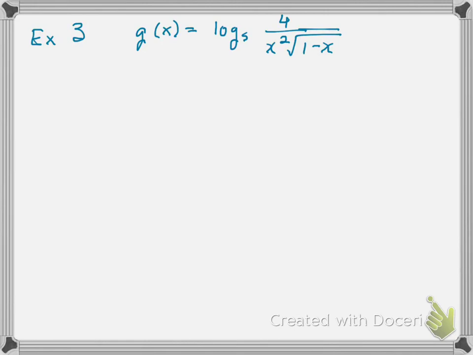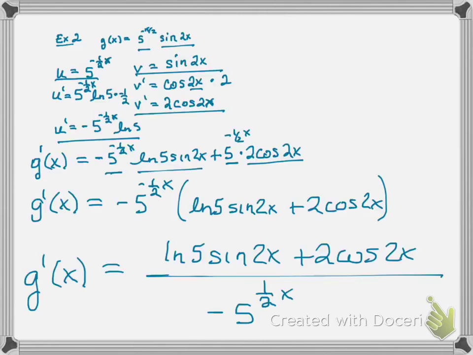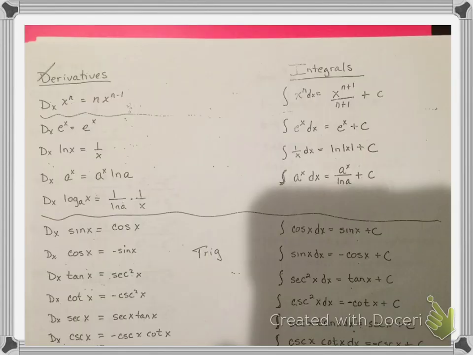Example 3, this time we have a logarithm that's got a base of 5, and we have several parts to this logarithm. So first of all, let's go look at the derivative formula for a log back in our math Bible. Right here, that formula is log base 5 of, we obviously have something way more complicated than just an x, so we're going to have to use the chain rule.